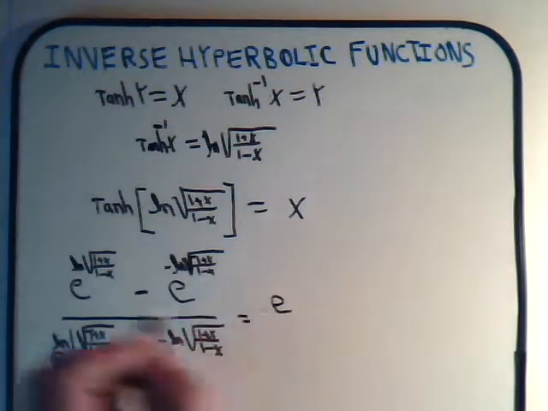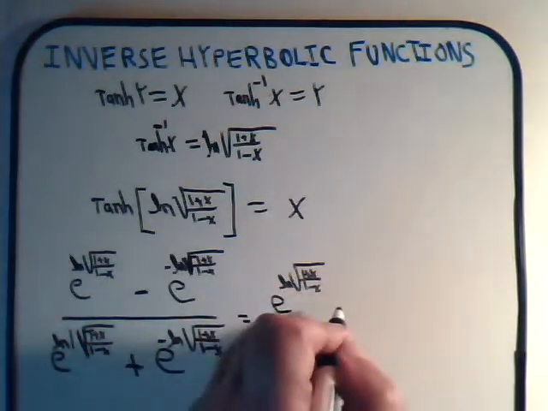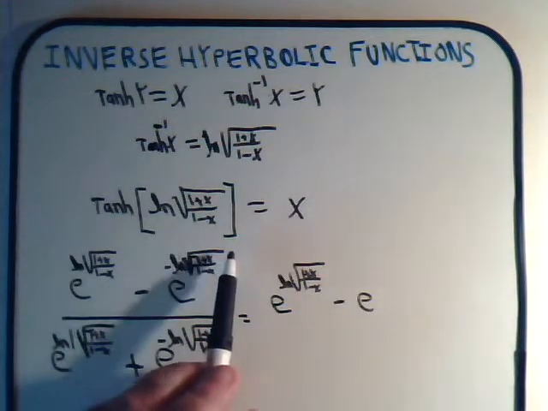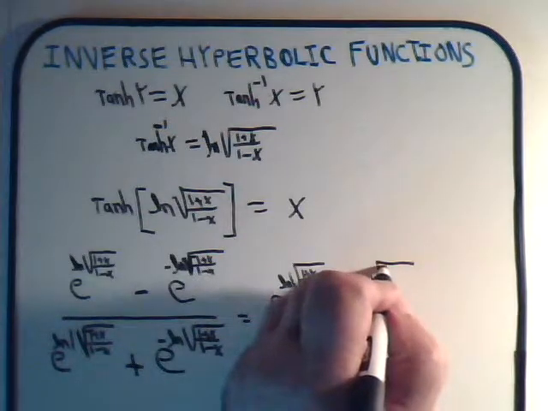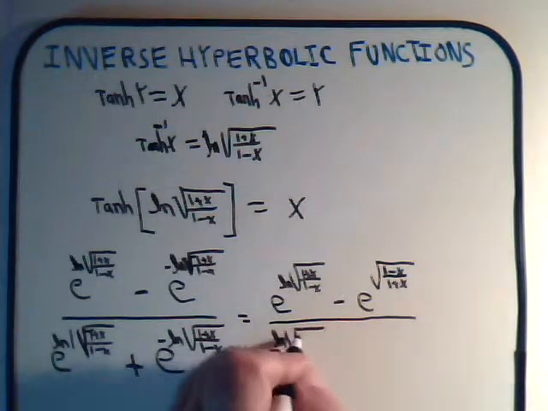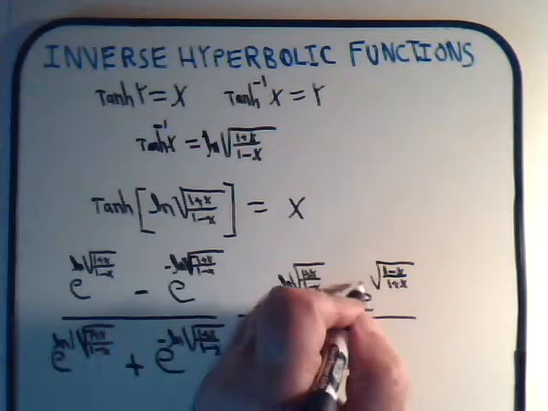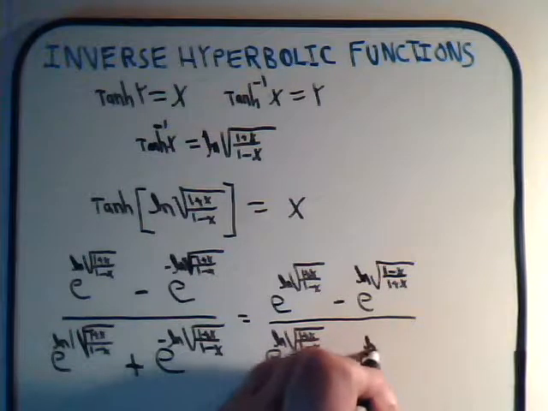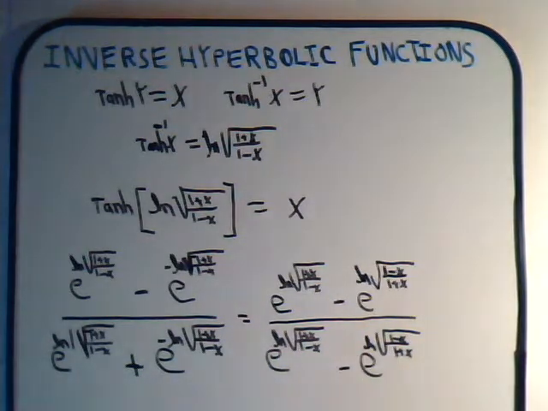We'll have e to the natural log of the square root of 1 plus x over 1 minus x, minus e to the natural log of the square root of this inverted, since we take the reciprocal upstairs, so that will be 1 minus x divided by 1 plus x. And then the same expression in the denominator, with a plus instead of minus.